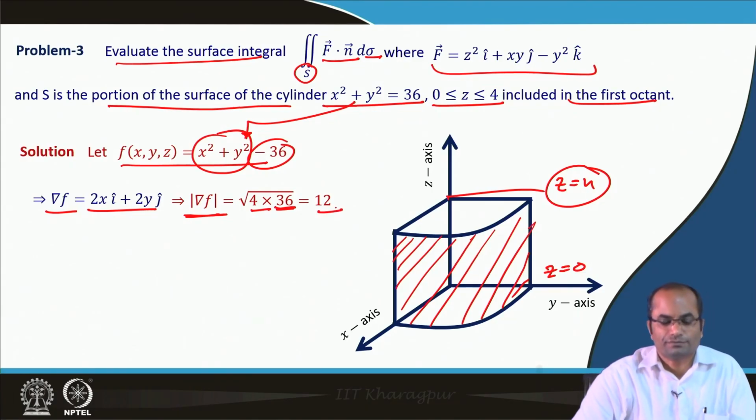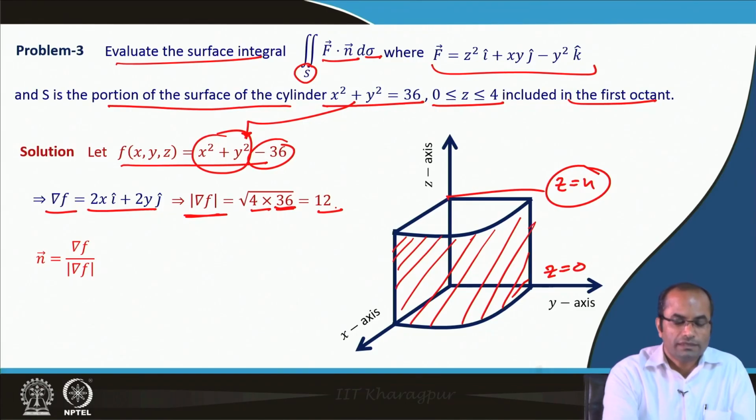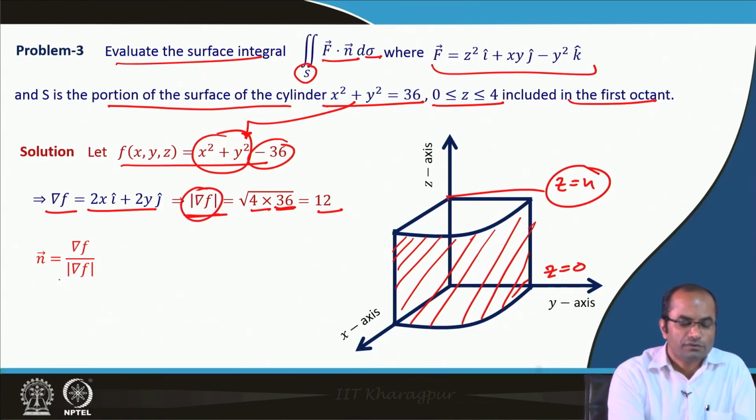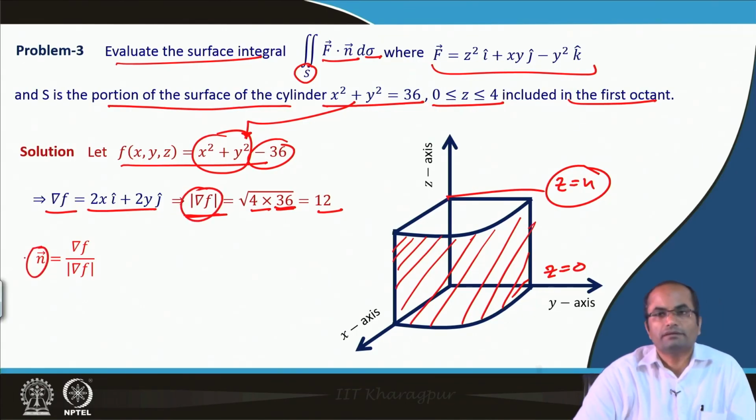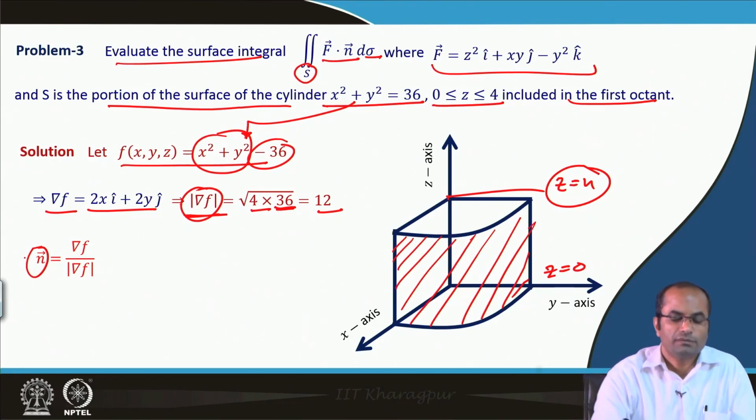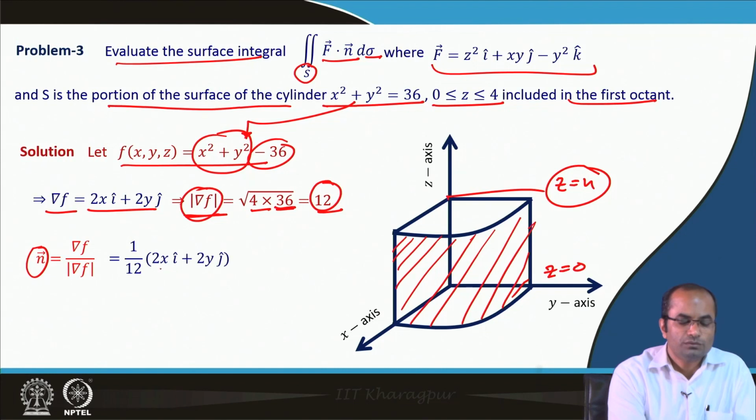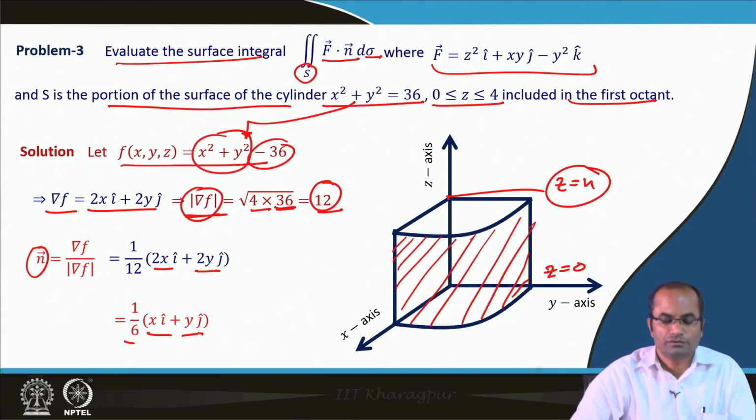So, the magnitude of grad f is 12. Then the unit normal vector, again grad f divided by this magnitude 12. So, grad f is 2xi plus 2yj divided by 12. So, this is 1 over 6 times xi plus yj. This is the n.